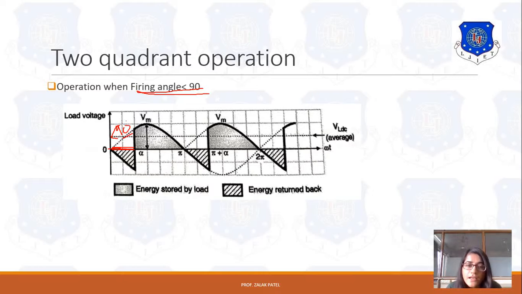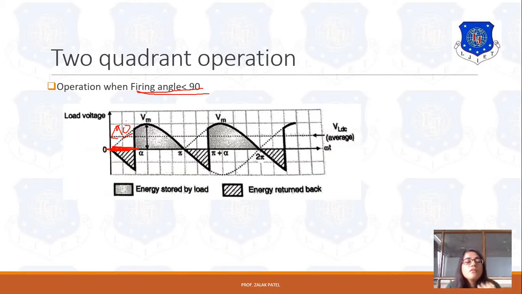In that case, you can see that the positive half cycle has more time compared to the negative half cycle in each cycle.